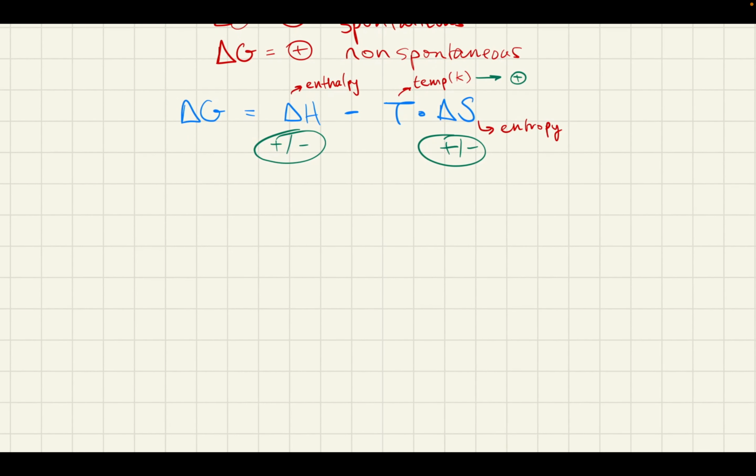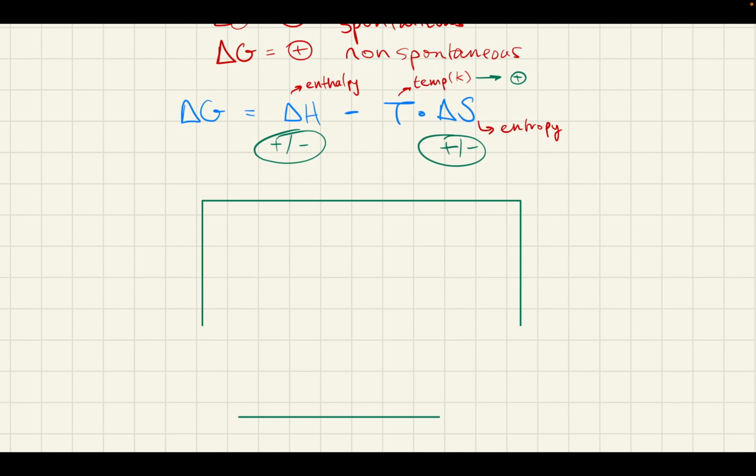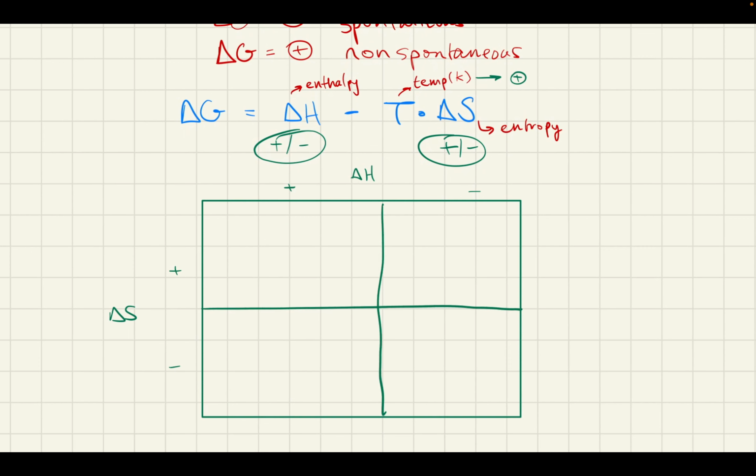Now, I want to borrow something from biology. I call this the Punnett square, Gibbs free energy. So delta H, the change of enthalpy, can be positive or negative, and the change of entropy can be positive or negative. I'm going to write some dividers in here. Let's start with this top right square.